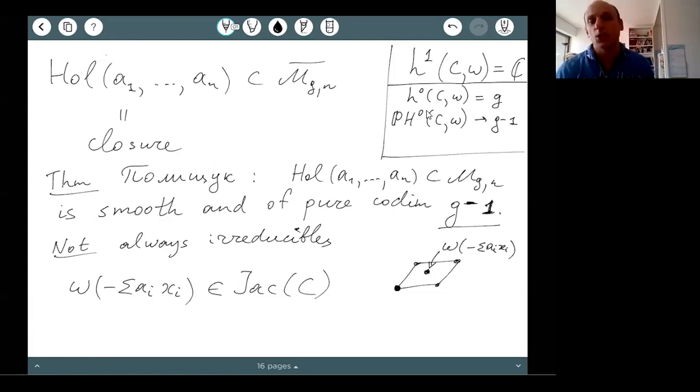And this is the space of all abelian differentials up to a constant. And then you impose 2g minus 2 conditions for the zeros of the differential. So first, on every curve, you have a space of dimension g minus 1 of possible holomorphic differentials up to a constant. Then you impose 2g minus 2 conditions. So in the end, you get codimension g minus 1.